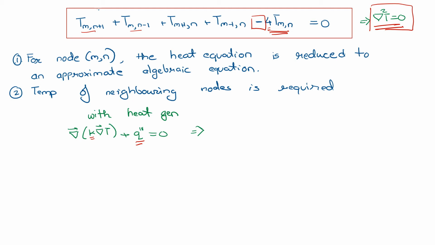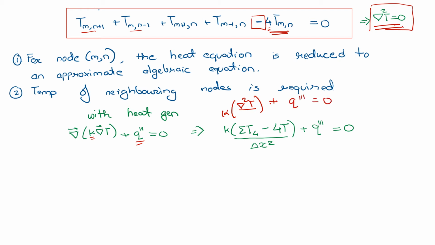So with heat generation, our equation can be approximated as K times del square T plus Q triple prime equals 0, and our del square T can be written as the summation of the four neighboring temperatures minus 4 times T, that's the node of interest, divided by delta x square, times K, plus Q triple prime equals 0.